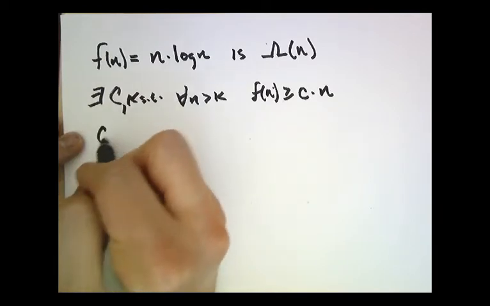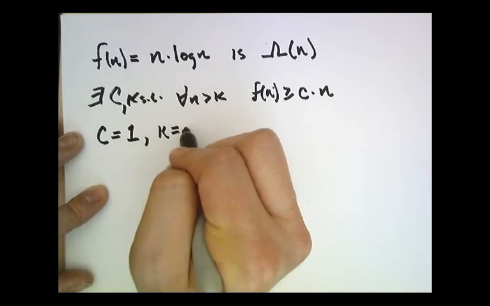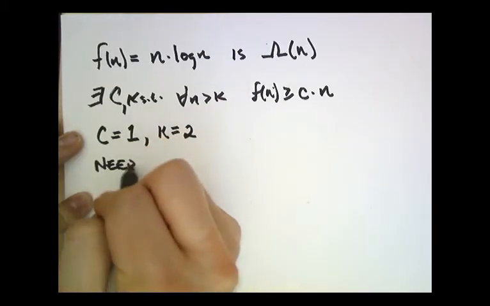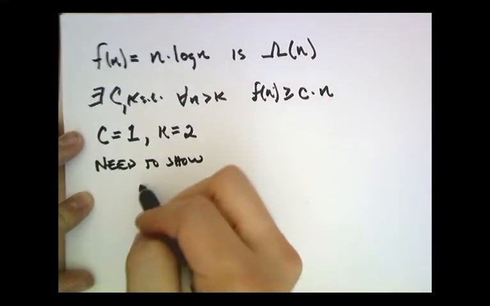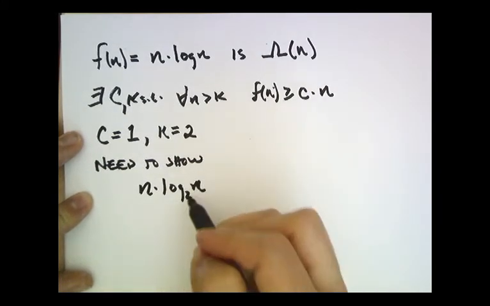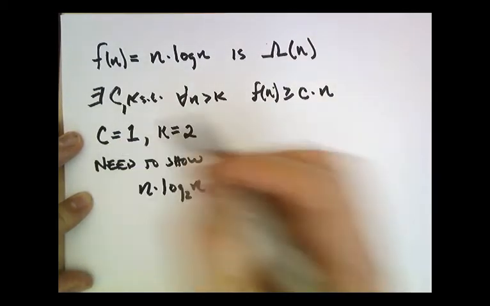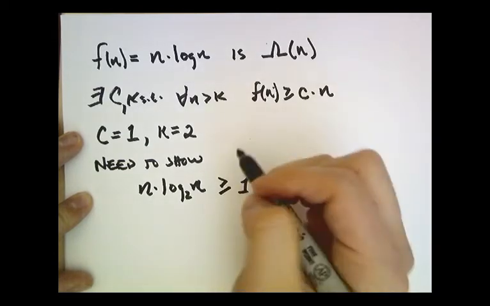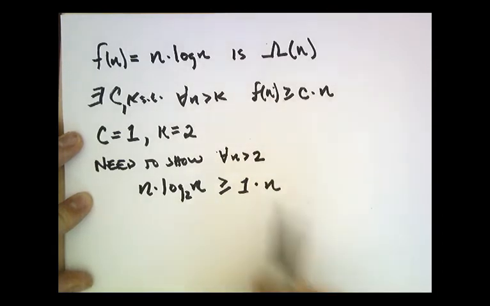So I'm going to pick the constant c to be 1, and this time I'm going to pick k to be 2. And we need to show that n times log n, this is log base 2 of n. When I don't write the base, it means log base 2 of n, is greater than or equal to constant 1 times n, and then we need to show this for all n greater than 2, because we picked k to be 2 here.